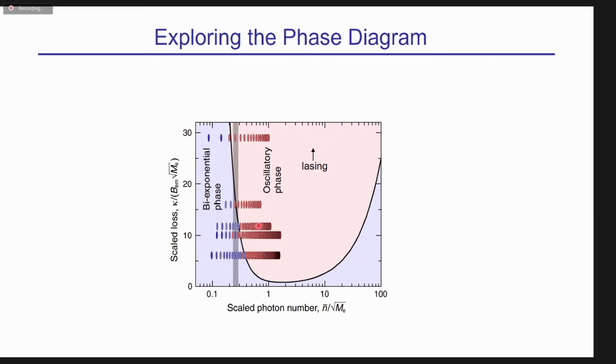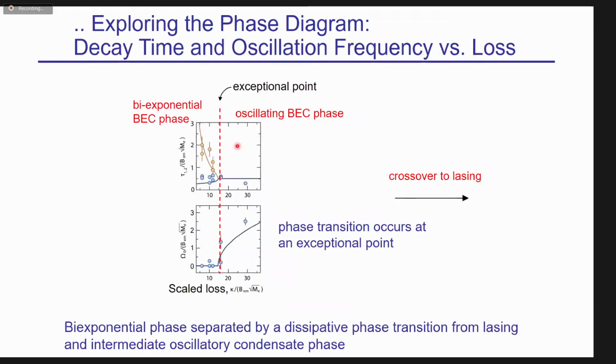Red corresponds to the oscillatory phase and blue to the bi-exponential phase. And if we sample our data along this vertical line, we can also map the transition along the loss axis. So here's the exceptional point. And here would be the crossover to lasing.